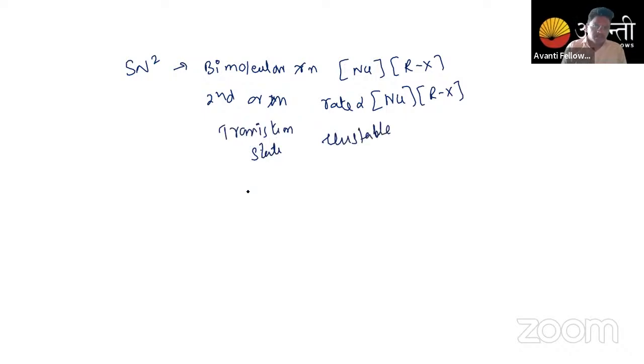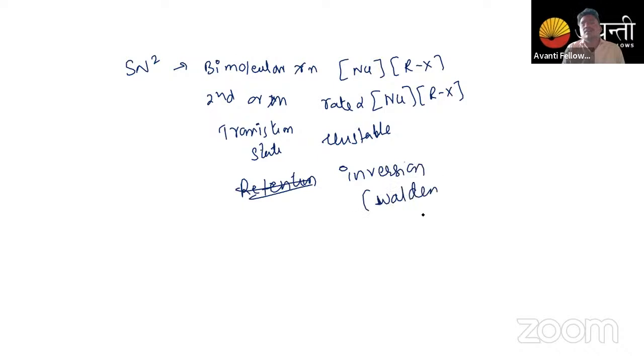And the product you get will be retention. Sorry, not retention, it is inversion. We can also call it Walden inversion. For the CBSE exam, this is very, very important.